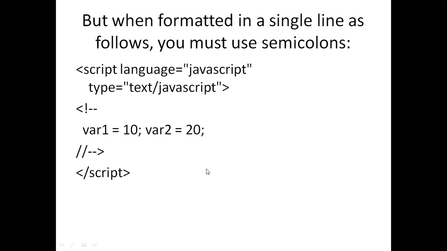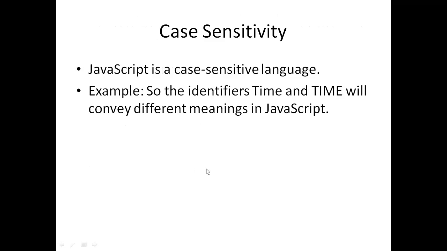Next, JavaScript is case sensitive. JavaScript is a case sensitive language. For example, the identifiers Time and time will convey different meanings in JavaScript. It means that we follow uppercase letters and lowercase letters, all letter combinations.